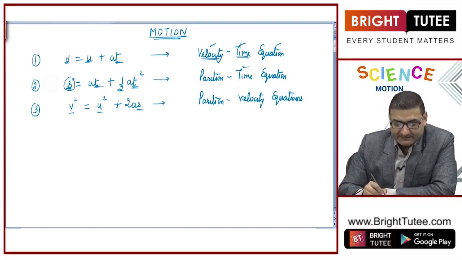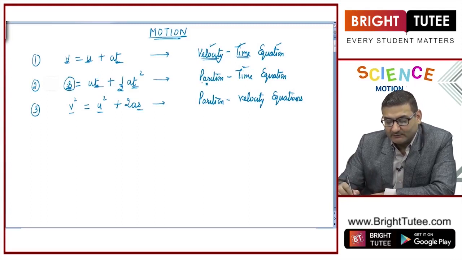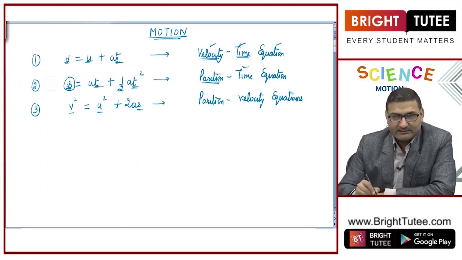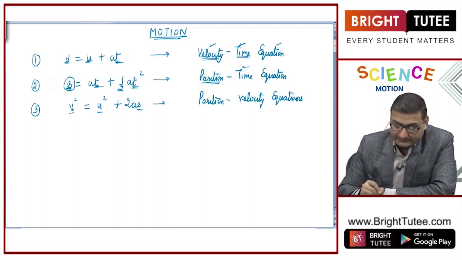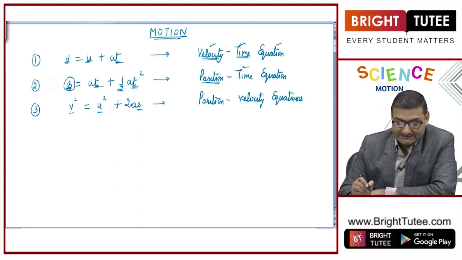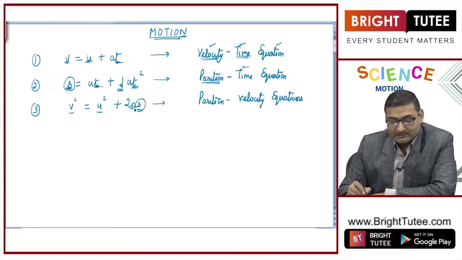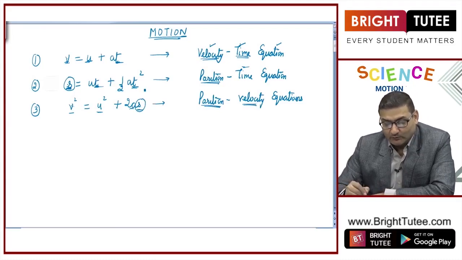Wherever S is given, we relate it with the word position. In the first equation, S was not there, so the word position was not there. In the third equation of motion, we can see that S is here, and a we are not considering, so S we call position. Velocities are given, so velocity, and no T, no time, is there.